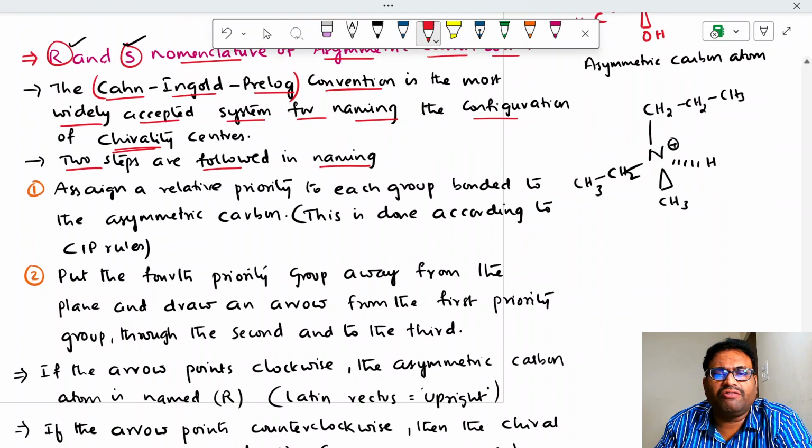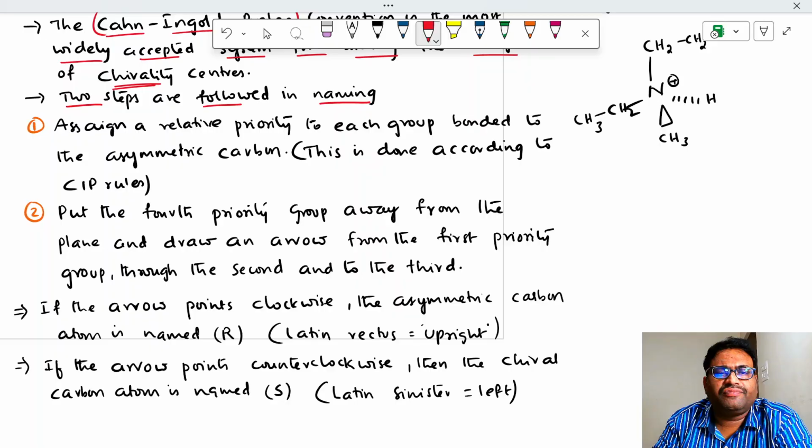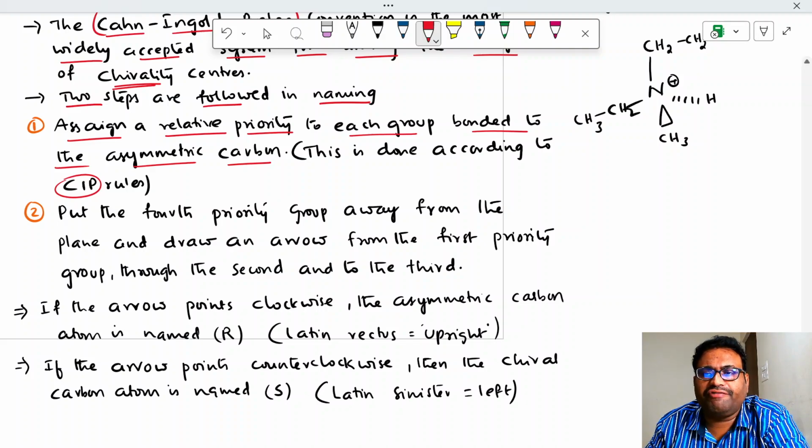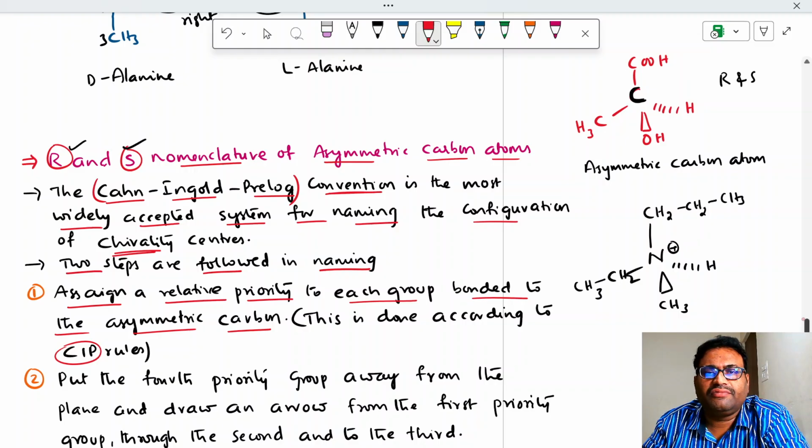Two steps are involved. One step is to assign a relative priority to each group bonded to the asymmetric carbon. This is done according to CIP rules. They have proposed some rules, Cahn, Ingold and Prelog. Now there are 4 different groups. Let us take this one, lactic acid.